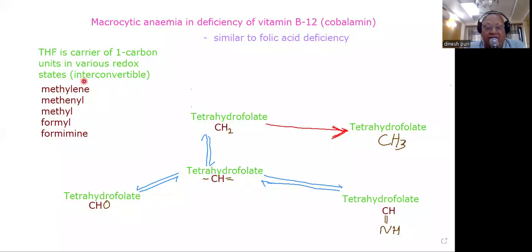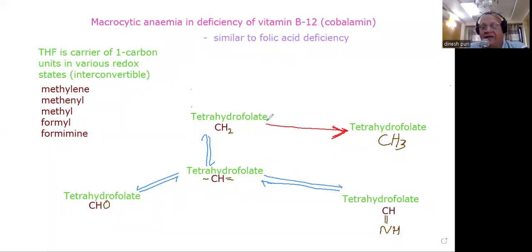Now an important part of this lecture is that these various forms are interconvertible. Here you can see interconversion between various forms. So in other words, once a 1 carbon unit is attached to tetrahydrofolate, it can be converted to various other forms also. So there is no difference after that. But there is an exception, and that's a very big exception, and an exception of crucial significance.